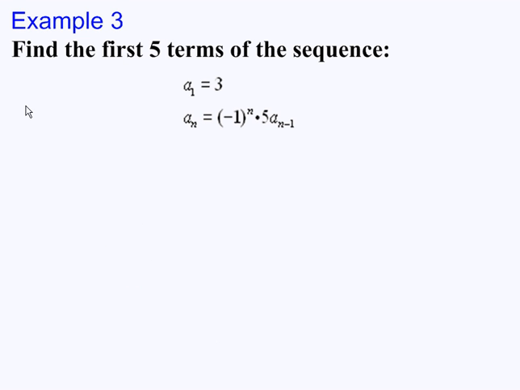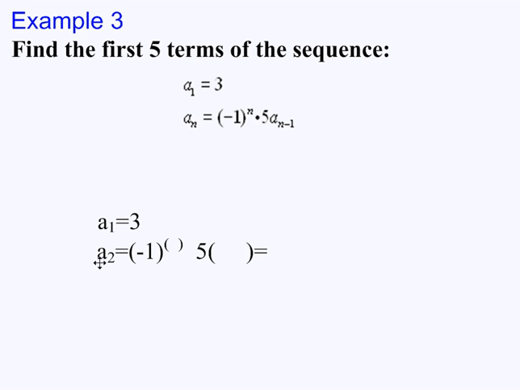Let's look at our last example. Find the first 5 terms of the sequence. So we have our first term here, and we have our recursive equation here. So the first term is 3. And let's go ahead and find the second term. Okay, now notice something here. This says n. It doesn't say n minus 1.